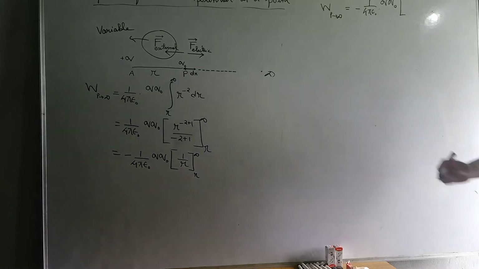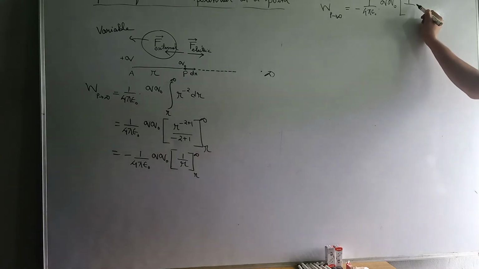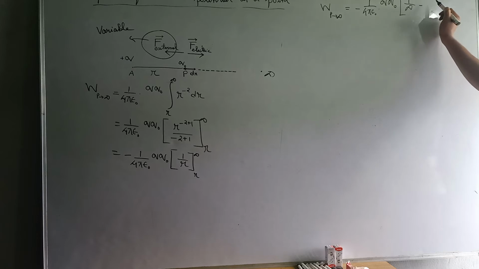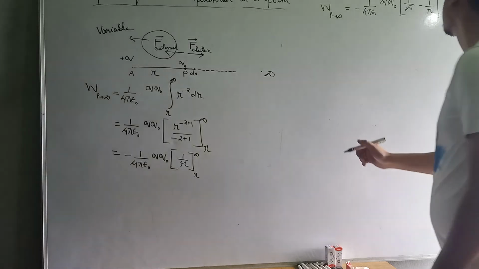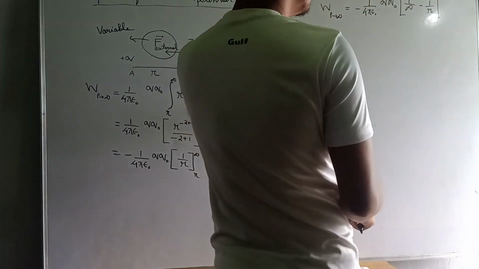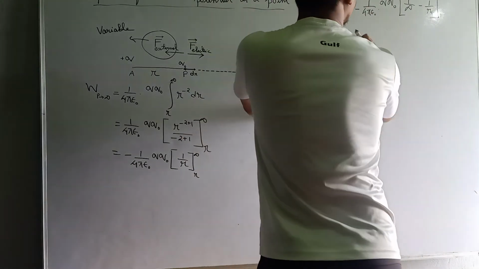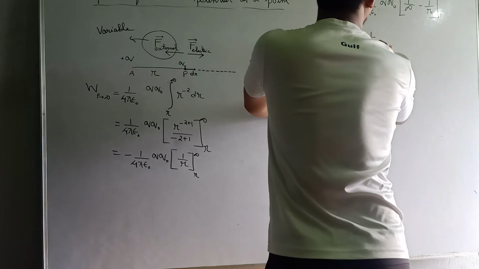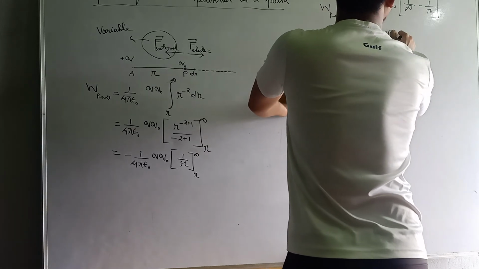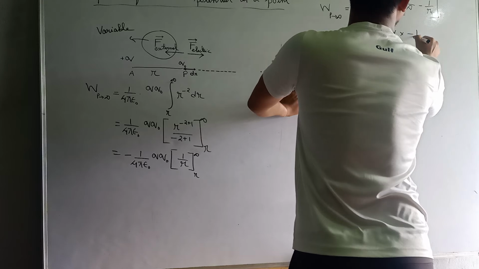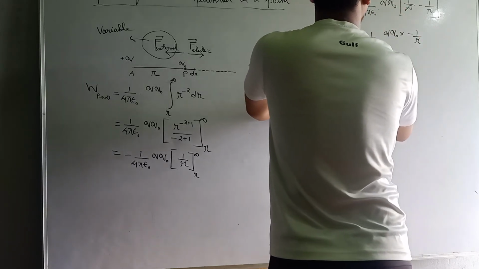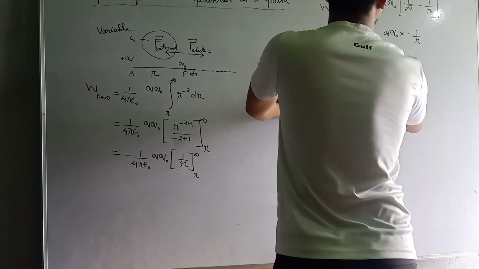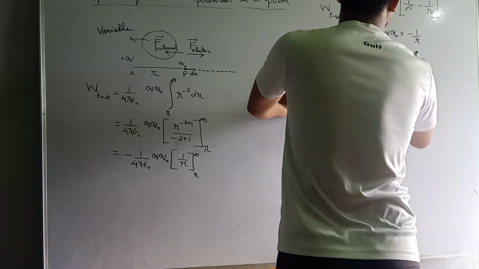And then putting the upper limit 1 by infinity minus putting the lower limit 1 by r. Instead of r, you just put r, right? So what is 1 by infinity? 0. So we have -1 by 4 pi epsilon naught q naught into -1 by r. Minus becomes plus. So 1 by 4 pi epsilon naught into q naught upon r.